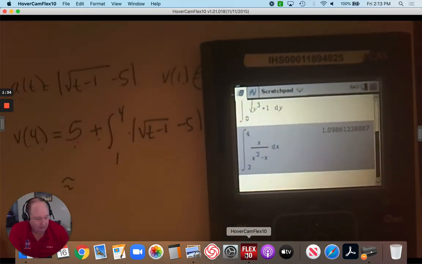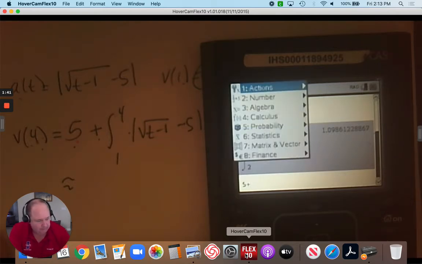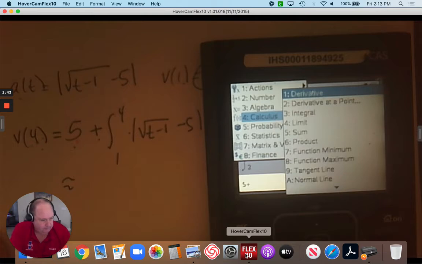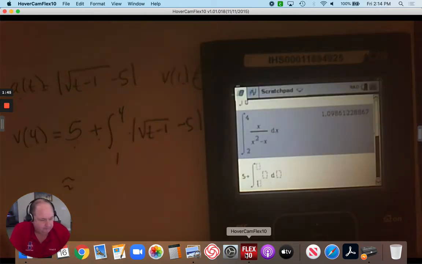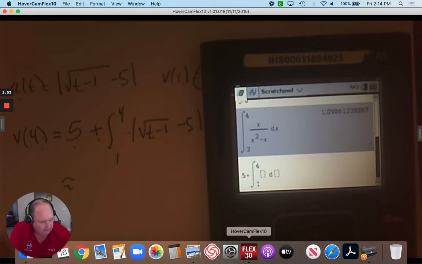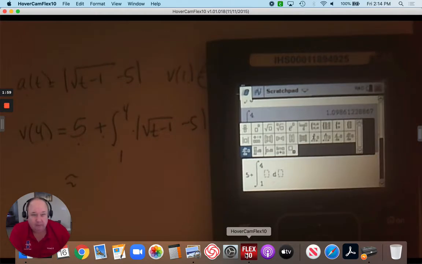So what would that look like? 5 plus integration. I just went menu, calculus, found integration, from 1 to 4. For the absolute value bars, press the button to the right of the number 9, which brings up this screen.